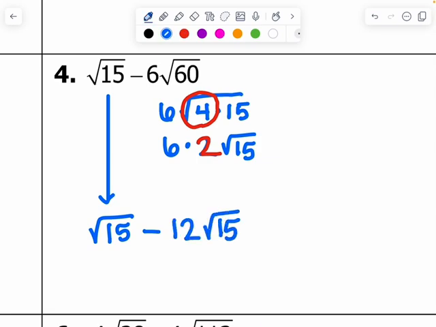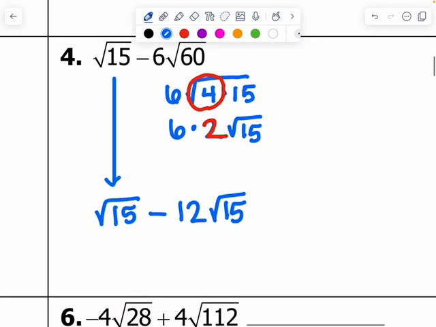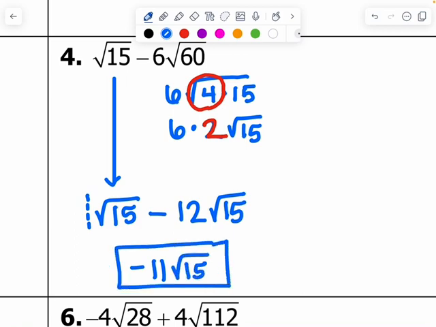Now let's remember that this radical 15 over here has an invisible 1 in front of it. So we have 1 radical 15 minus 12 radical 15, which would give us negative 11 radical 15.